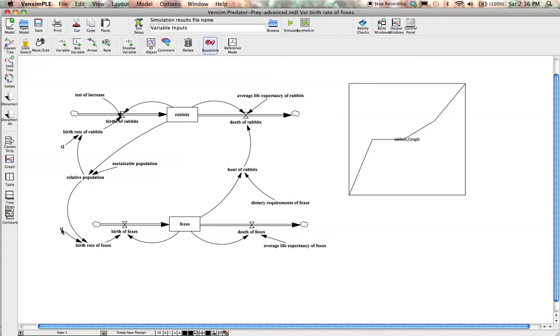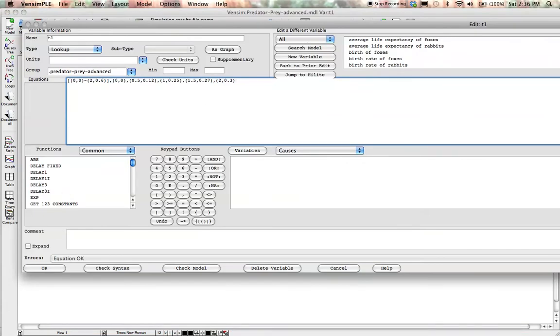Let's take a look at this table. It's the same format. You have a range here in brackets. The table goes from 0 to 2 again in the relative population. So we're assuming that the population of rabbits is always somewhere between 0 and twice the sustainable value of this 500 that we have there, but we can change that.